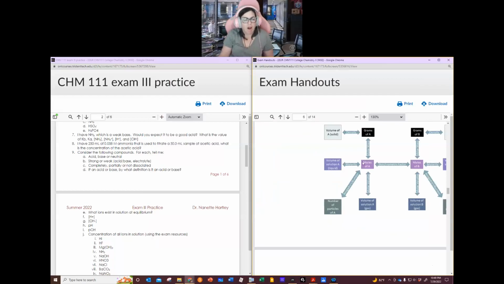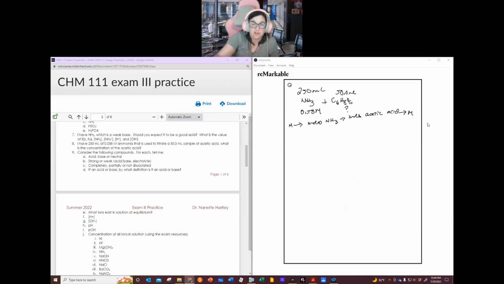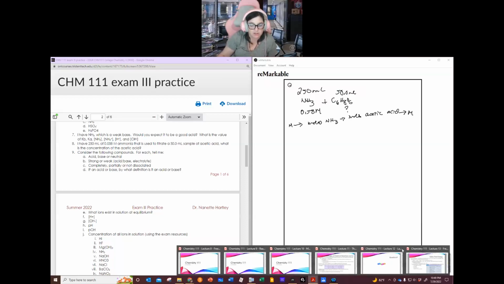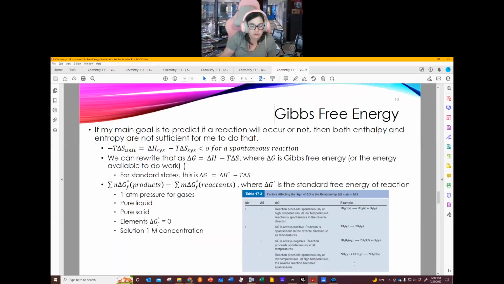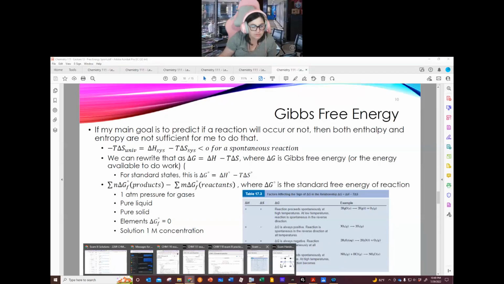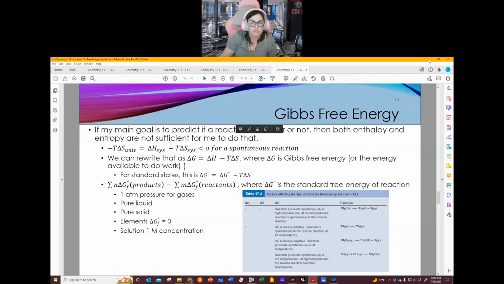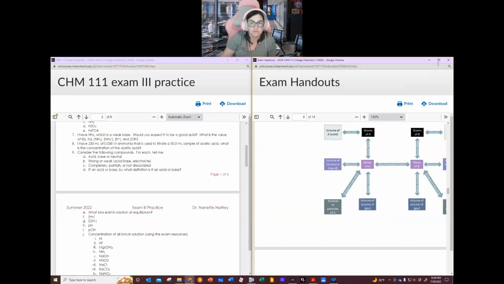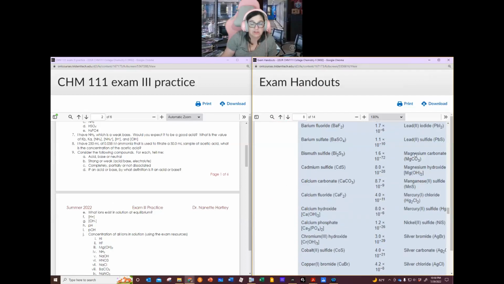So I need a stoichiometric factor, and that comes from a balanced equation. So if I look at this, and then I look at my handouts again, because I failed to write everything down that I should have.